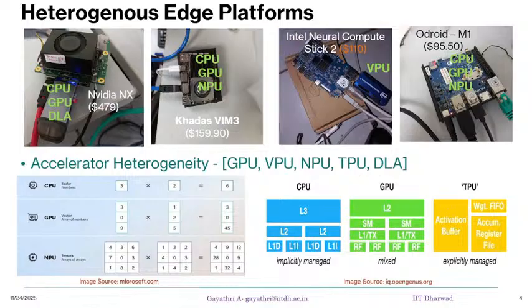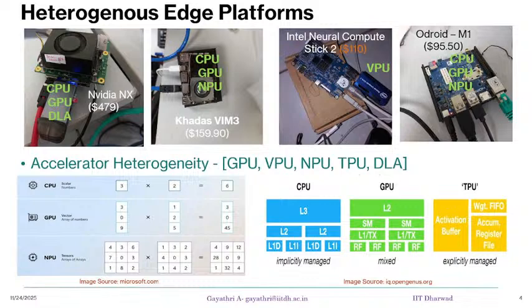So nowadays most of these low resource devices also come with powerful accelerators like NPUs and TPUs and even embedded GPUs, right? Each one of them has different characteristics. The architecture is different, and the way the memory is managed for each of these devices is also different.